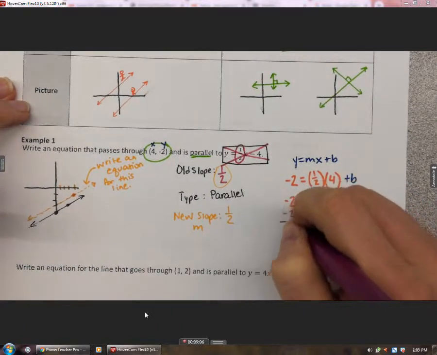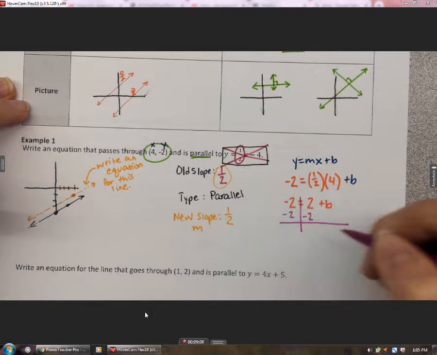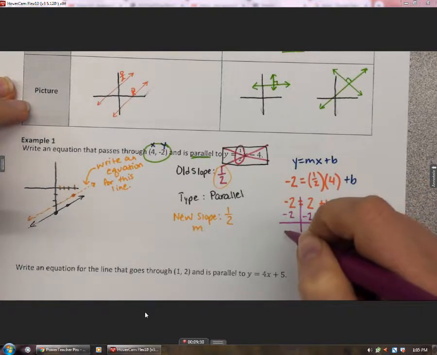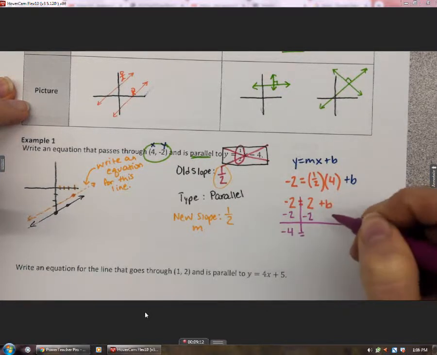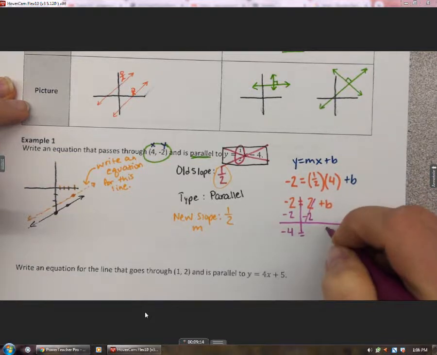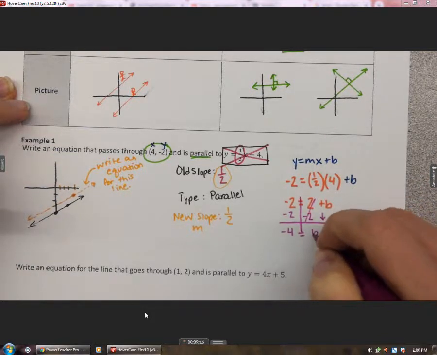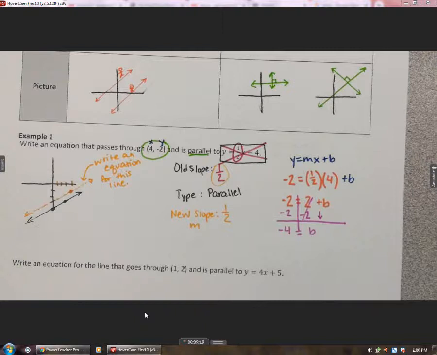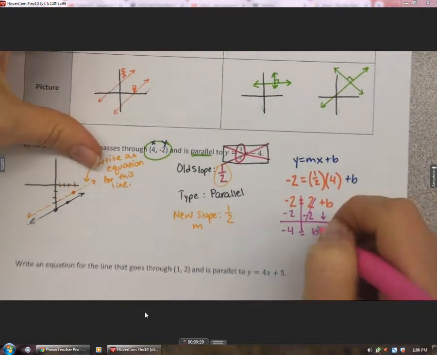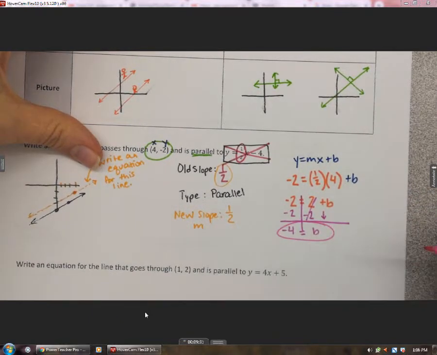-2 minus 2 is not 0. It's -4. 2 minus 2 cancels. Bring the b down. So b is -4. And if you're remembering what I've been saying for days and days, we need 2 ingredients. We are math chefs making some cookies with our 2 ingredients. We need the slope and the y-intercept.